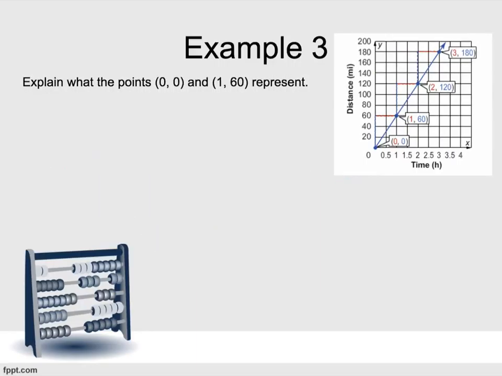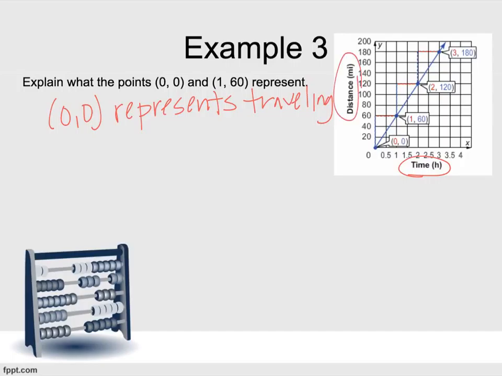Let's look at example 3. It says explain what the points 0, 0, and 1, 60 represent. Well, that's from our previous example. We can say that 0, 0 represents traveling, with time here and distance here, 0 miles in 0 hours.